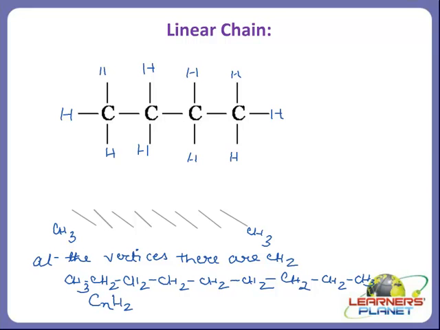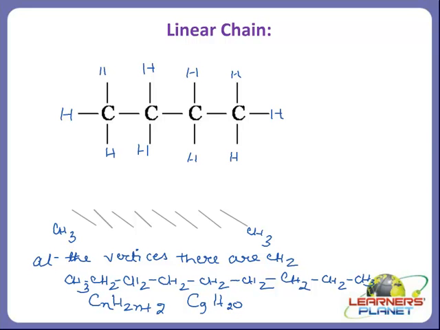Alkane's formula is CnH2n plus 2. How many carbons have we counted? 9 carbon atoms, so it should be C9. And H should be 2n, that is 18 plus 2, 20. So this is your carbon chain.